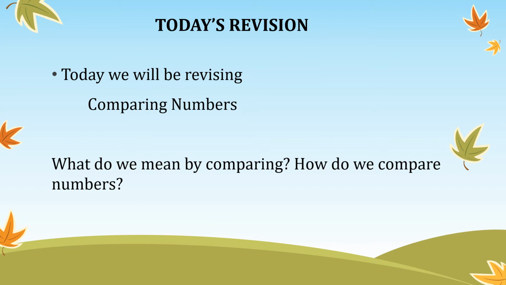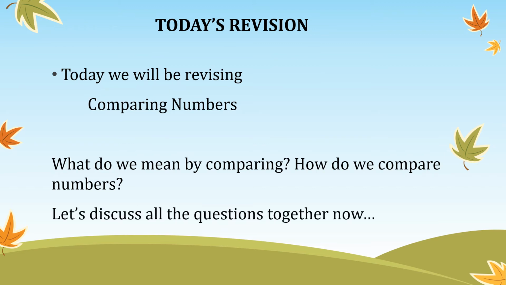But if numbers have same values, like ones or tens दोनों numbers में है, if a number is having 0 at one's place and another number is also having 0 at one's place, then at tens place they are having different numbers, then how will we compare? So that is what we will be learning now. Let's discuss all the questions together now.